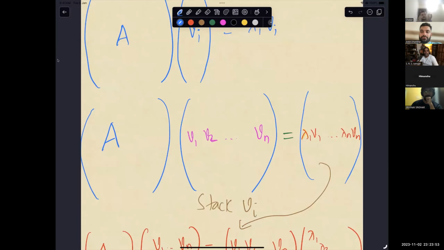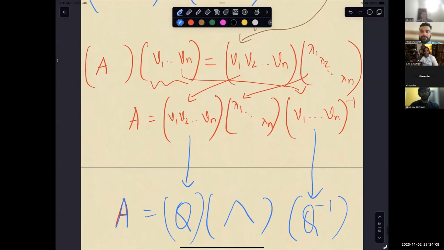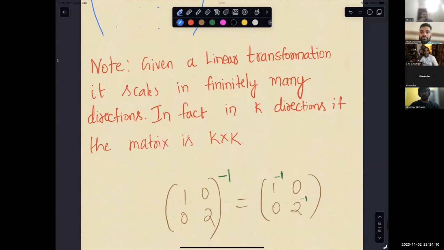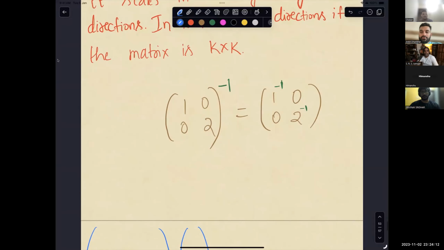Eigenvectors in one matrix and eigenvalues in another matrix. That's a diagonal matrix. Now this diagonal matrix has pretty nice properties. First of all, if I put my eigenvalues in my diagonal as my diagonal entries, I can multiply and get what I initially had, that is lambda i vi. Same thing.